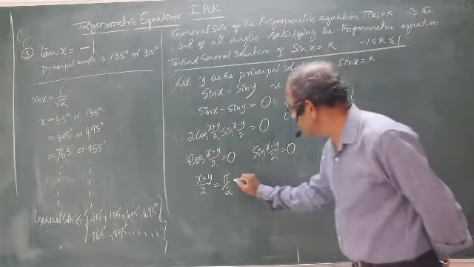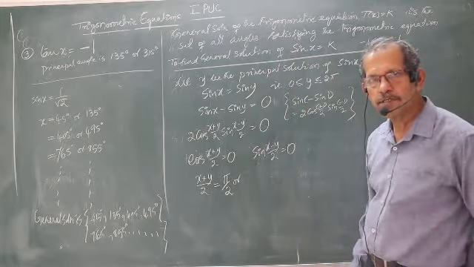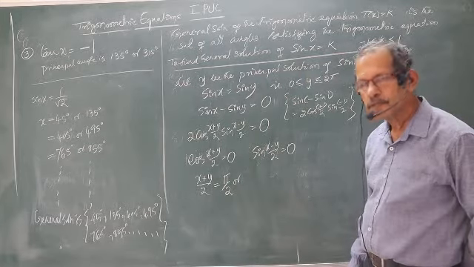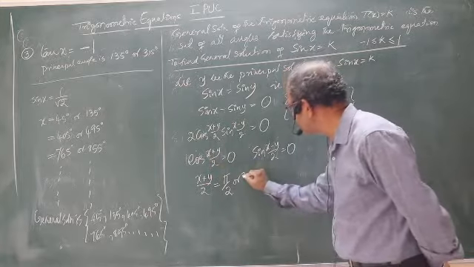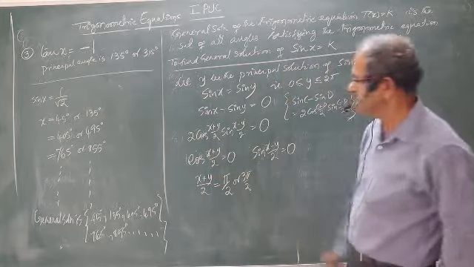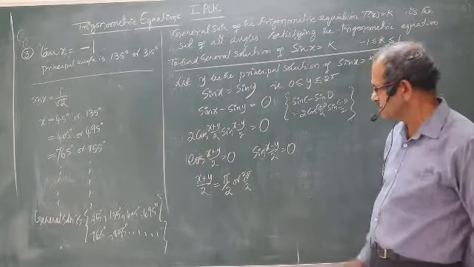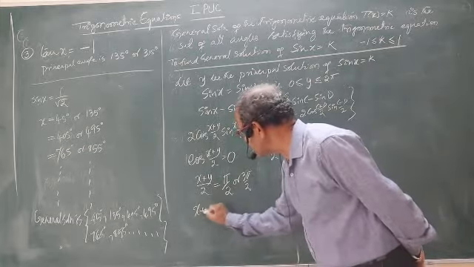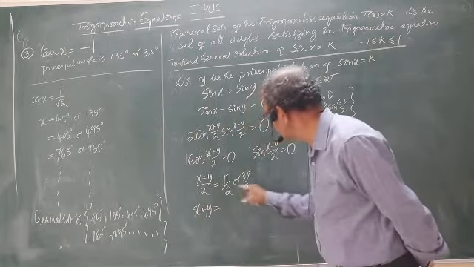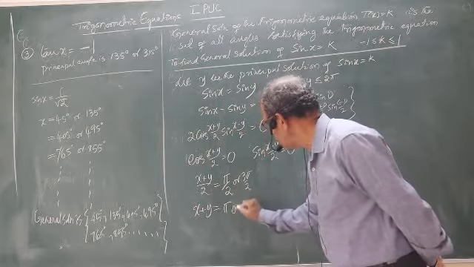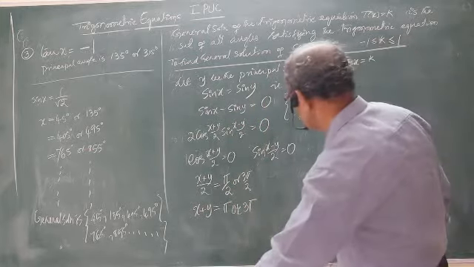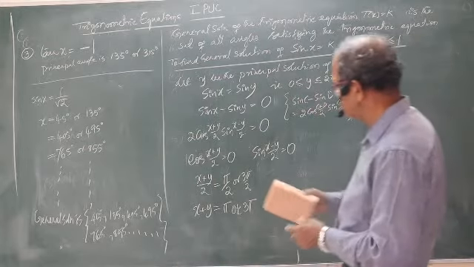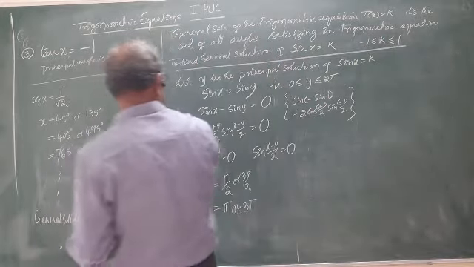Or you have to write both the angles. Cos of 90 is 0, cos of 270 is 0. Or x plus y equal to pi or 3 pi. Observe it carefully.